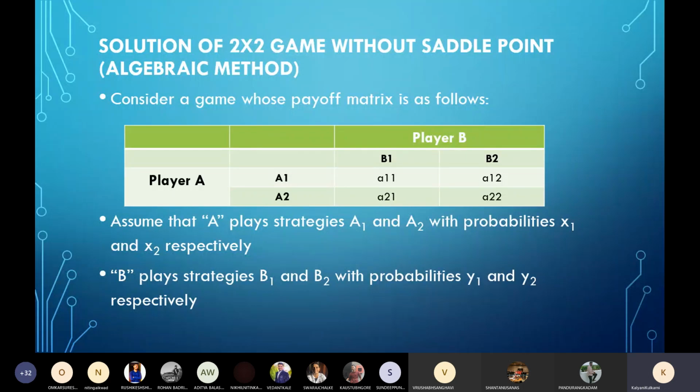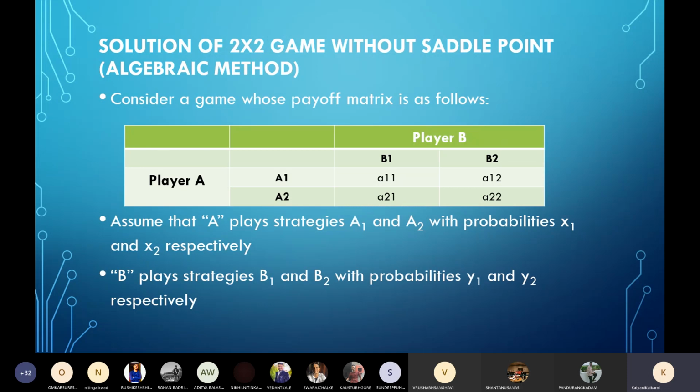Algebraic method आणि dominance method बद्दल विचारतात exam मध्ये. So you should be able to explain those methods in brief, and that question will have explanation of either of the methods followed by an example. So in both the cases you should know what are the two methods and what is the general procedure for them.